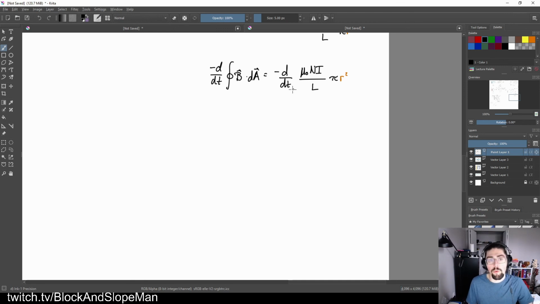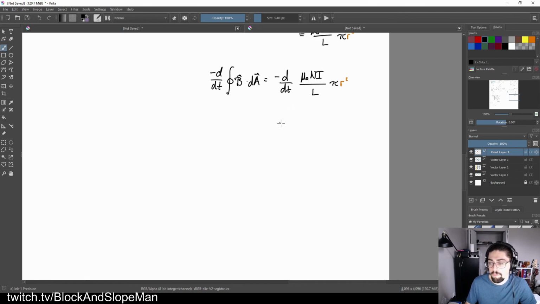The only thing that changes with time is the current. The number of loops of the solenoid doesn't change. Mu naught is a constant, L is certainly not changing, r is not changing. The only thing that's changing is I, so that picks up that derivative.